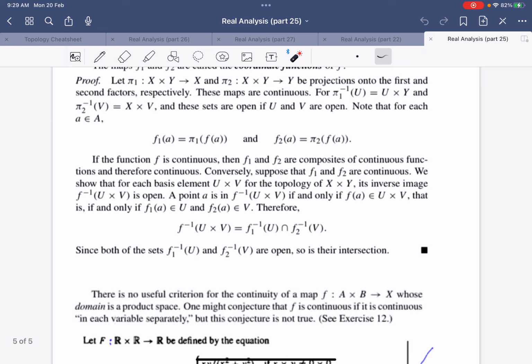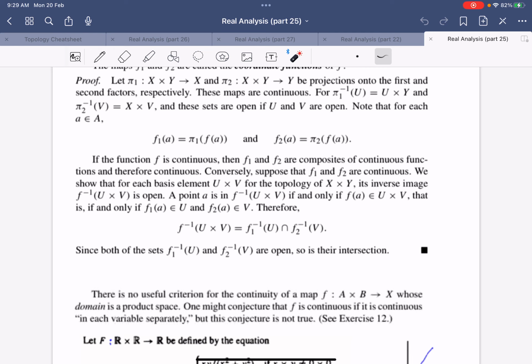So a point a is in the inverse image of U cross V if and only if F(a) is an element of U cross V. And because F(a) is an element of U cross V, it means that F1(a) is an element of U and F2(a) is an element of V.